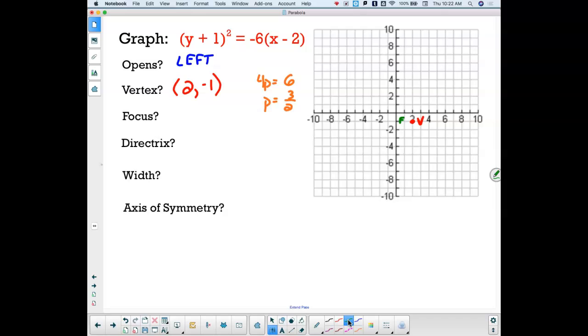That focus is going to be at, excuse me, not 1.5, just 1/2, -1.